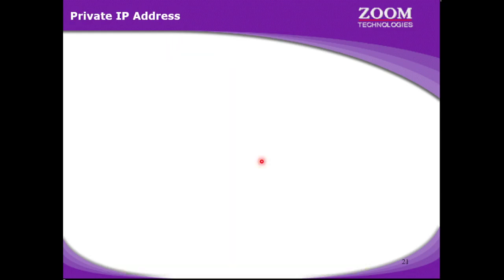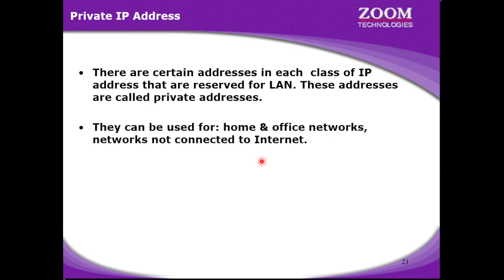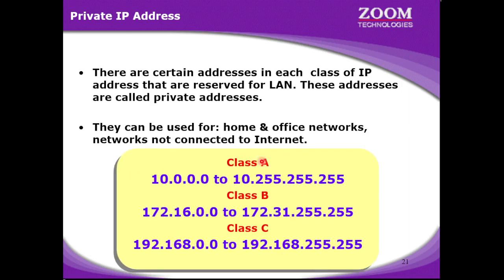So, ano po yung private IP addresses, no? So, there are certain addresses in each class of IP addresses that are reserved for local area network. So, these addresses are called private addresses. Sila po ay pwedeng gamitin sa home and office networks, networks that are not connected to the internet. So, we have class A, 10.0.0.0 to 10.255.255.255.